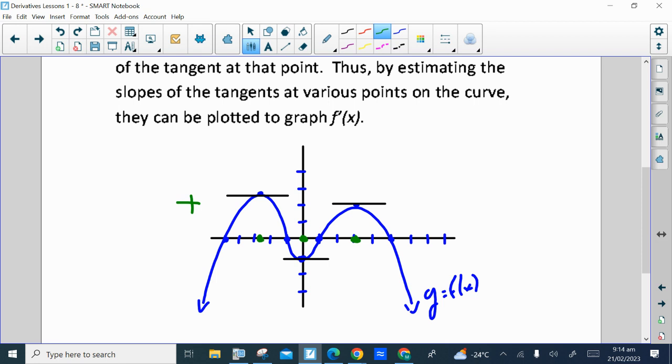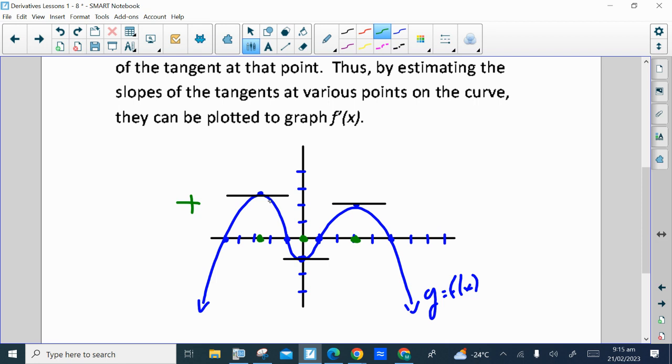So in this first interval, from negative infinity to this x-intercept, when we're graphing the derivative, the graph will be above the x-axis. It has to be positive because the tangent lines will all be positive.